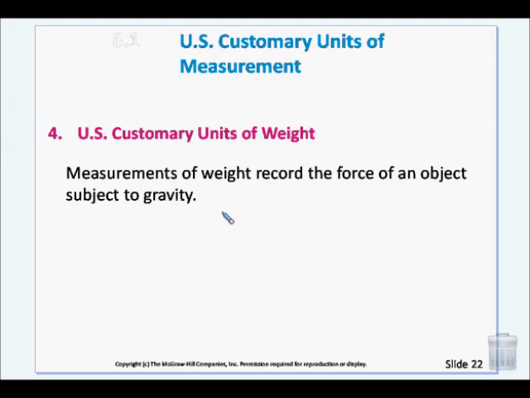Even on Earth, they average out gravity as about 9.8 meters per second squared, but gravity here in Florida is a little different than, say, gravity on top of Mount Everest. So your weight changes based on how far you are from sea level. And if you go to another planet, your weight is completely different.